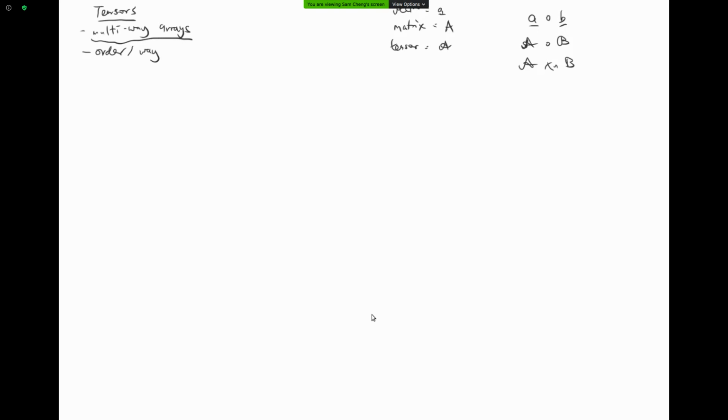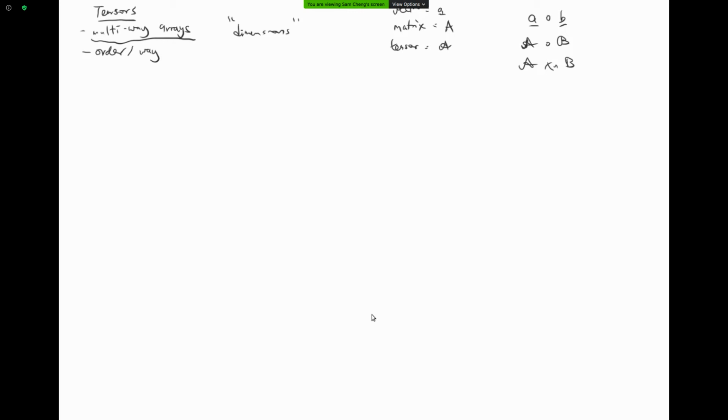By the way, I find this kind of confusing: people like to use dimension, but I think dimension is a very much overloaded word.